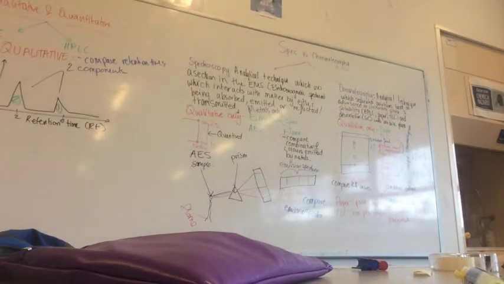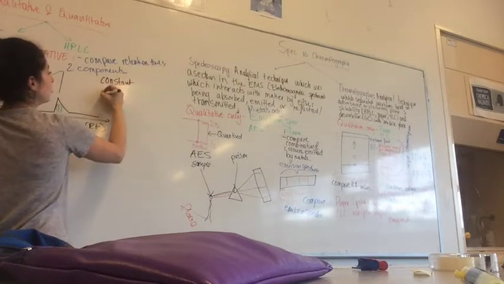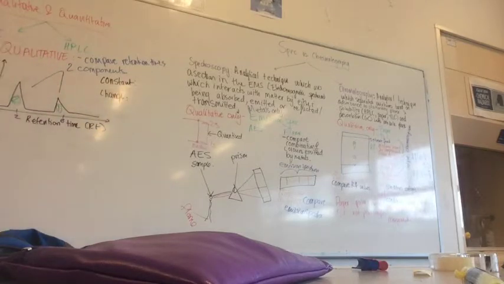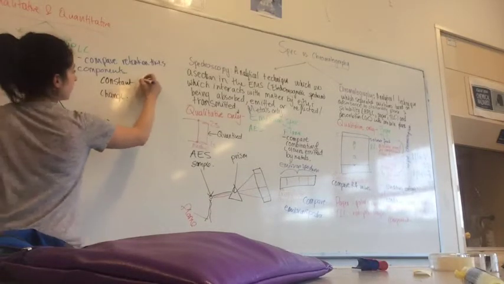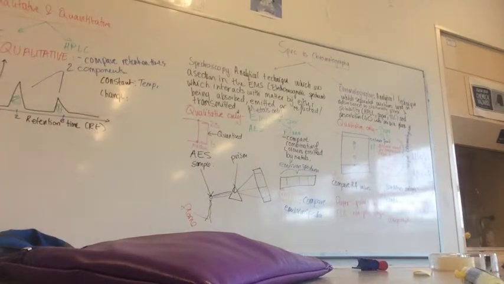Retention times. Okay, guys, what do you have to keep the same to compare these retention times? What do you have to keep constant and what can you change? Temperature, you've got to keep the same. You'd have to keep the length of the column the same.